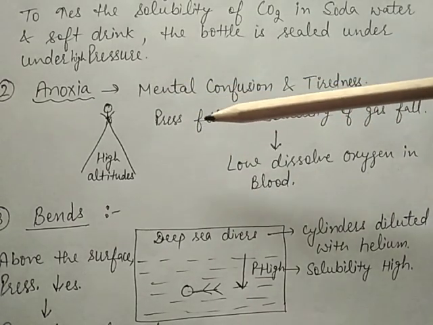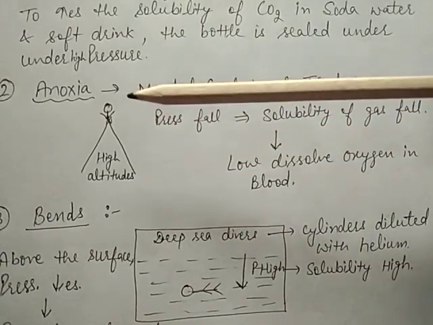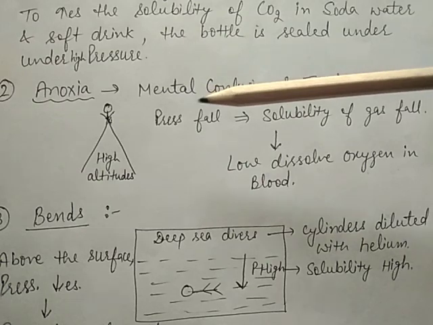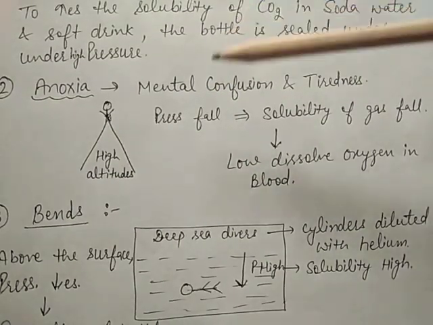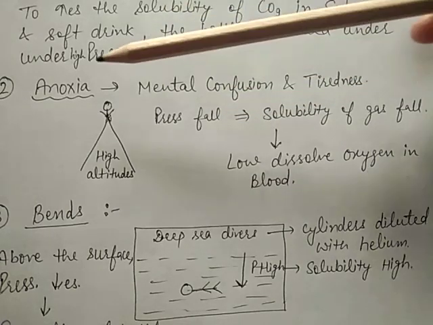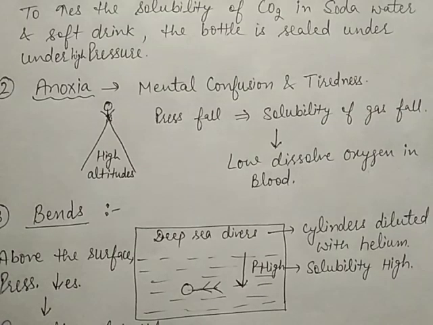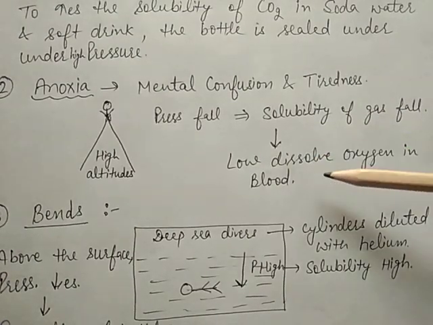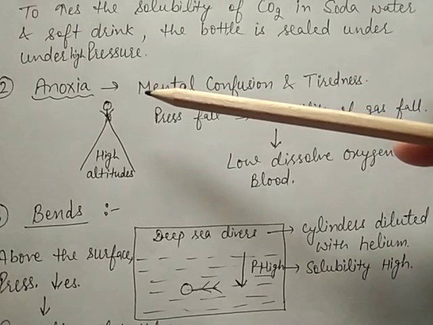The low blood oxygen causes the climbers to become weak and unable to think clearly. So this disease is anoxia. The low dissolved oxygen in blood causes anoxia.